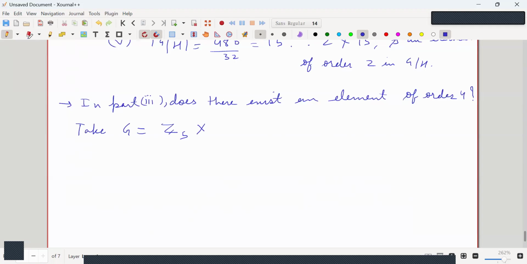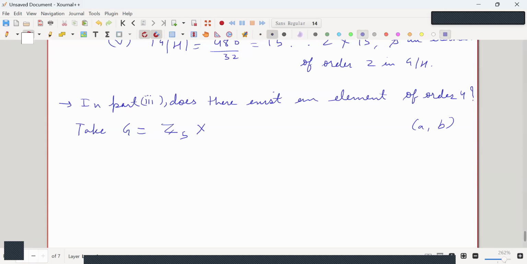This part won't have an element of order 4, this part won't have an element of order 4, and the element (a, b) of the direct product has order equal to the LCM of the order of a in the first component and the order of b in the second component.